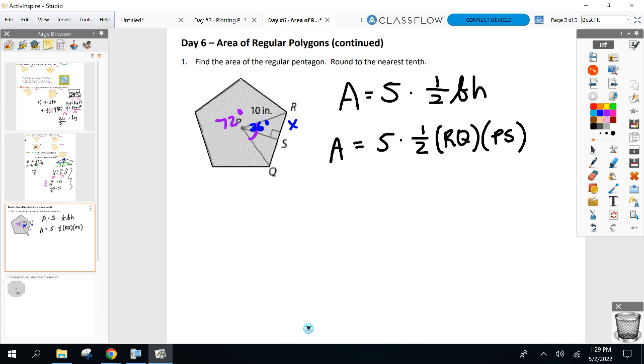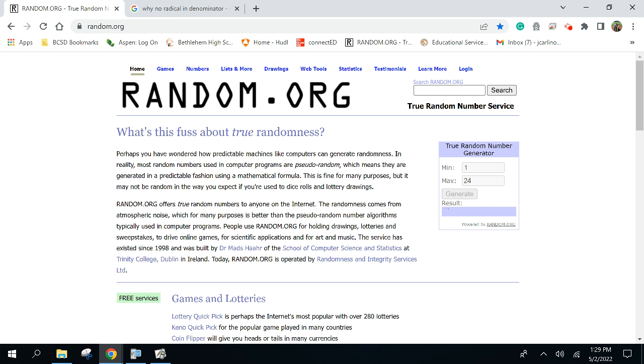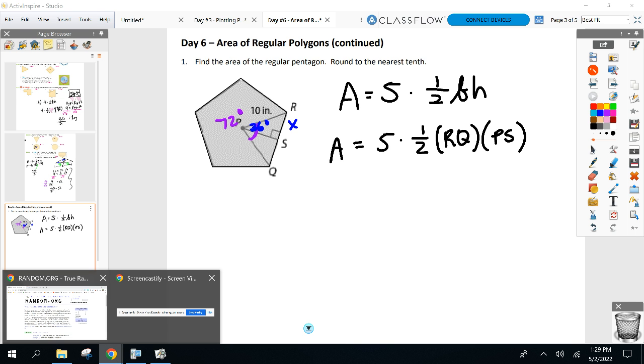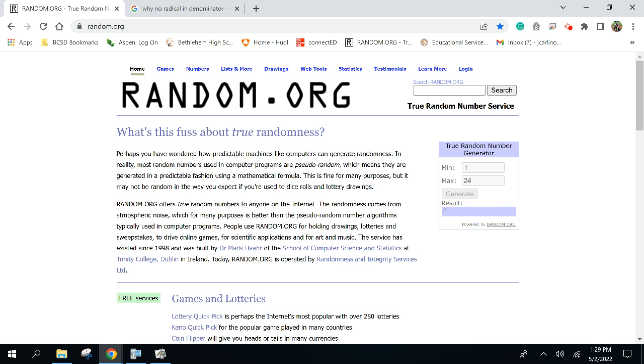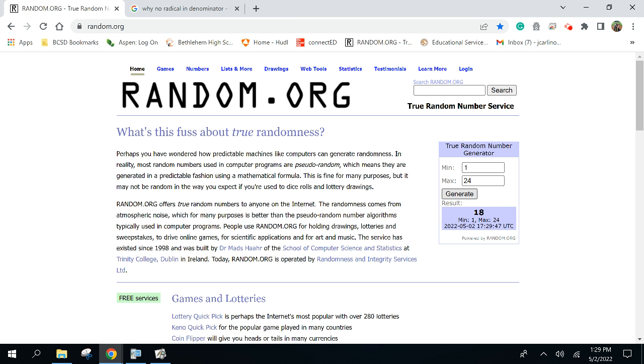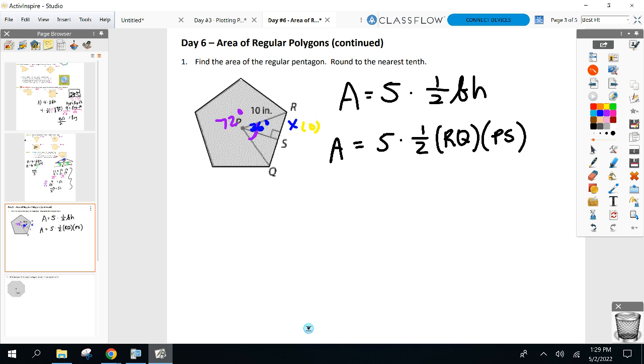Speaking of RS, what is it? Opposite, adjacent, hypotenuse to the 36. So I can figure out what ratio I'm using. What is it? Good call. What's the X? Darn right it is. And what's the 10 they gave me in the diagram? All right.